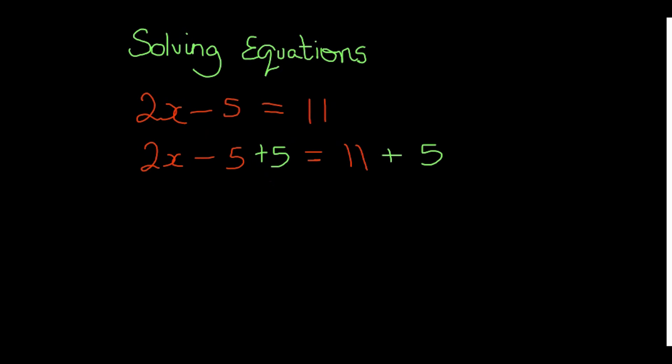So that means for me to be able to keep the scale balanced, if I'm taking away this 5 from here, right? Well, I shouldn't say taking away, but if I want to remove the minus 5 from here, what I actually have to do is add 5.